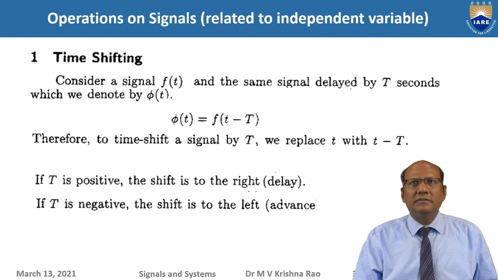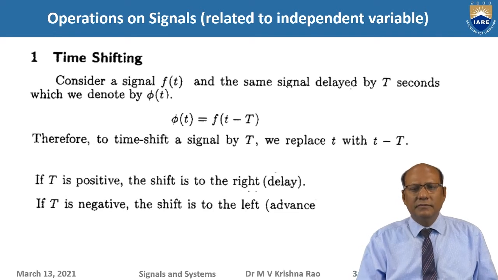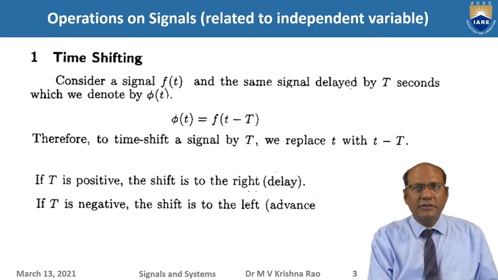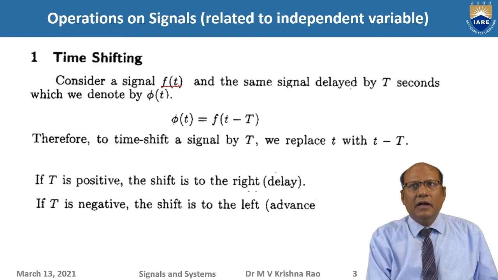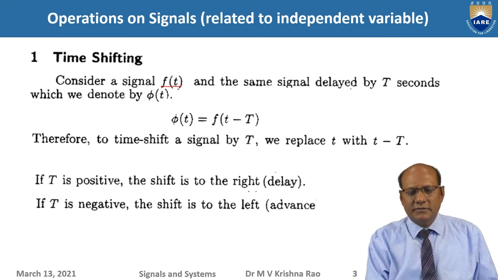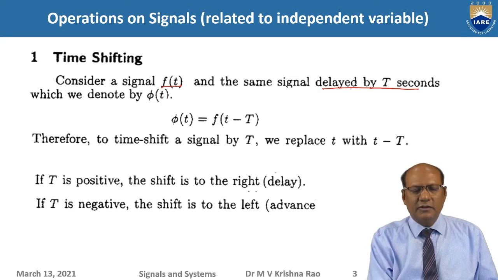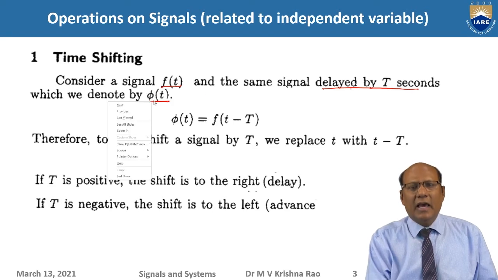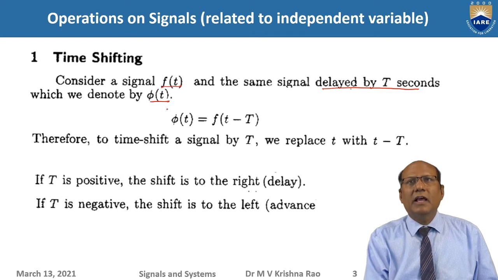First operation is time shifting. In this one, let us consider a signal f of t, and the signal is delayed by T seconds, and we denote that new signal as phi of t.